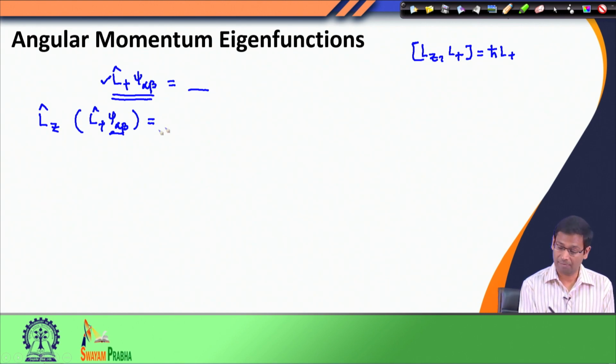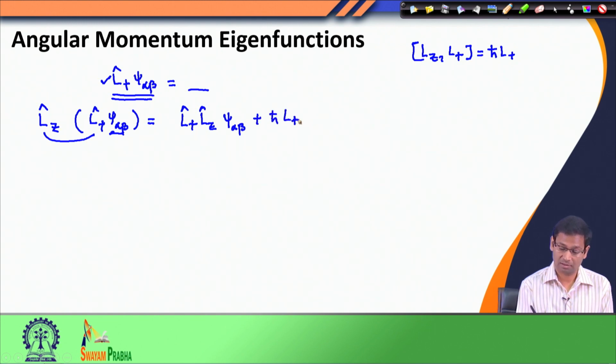Therefore, I am writing Lz L plus as L plus Lz plus h bar L plus, acting on psi alpha beta. I used this commutation relation to write Lz L plus as L plus Lz plus h bar L plus.